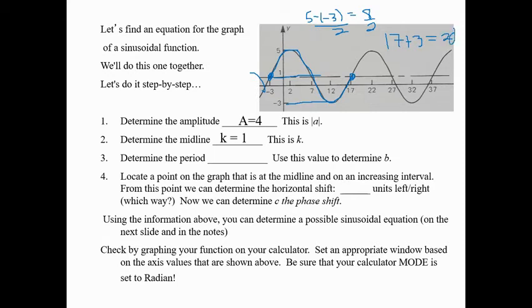So whatever these units are, my period is 20. Okay, and we can use this now to determine the value of B. So remember, B is going to be equal to 2 pi divided by this 20, which means that my frequency is going to be pi over 10.